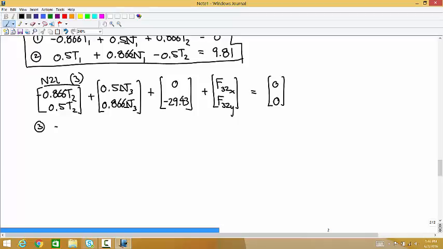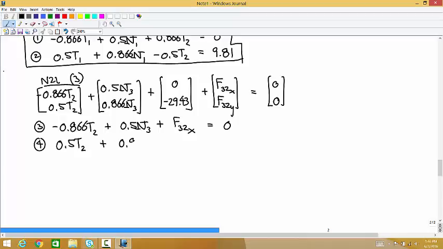The third equation says negative 0.866 T2 plus 0.5 N3 plus F32X is equal to 0. And equation 4 says 0.5 T2 plus 0.866 N3 plus F32Y is equal to positive 29.43.